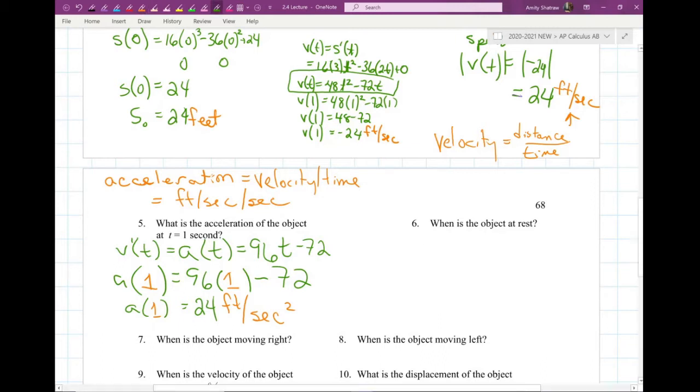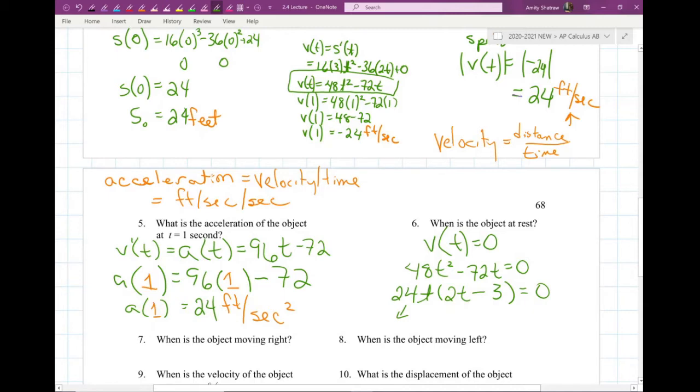So I'm going to say, let's look for when v of t equals 0, and v of t was 48t squared minus 72t. That equals 0. And looking at it, I know it's not obvious, but you can actually factor this. A 24 goes into 48 and 72. And so I end up with 24t times 2t minus 3, because 3 times 24 is 72. All right, and that equals 0, and I can factor this and solve.